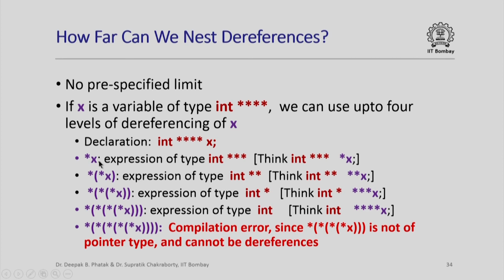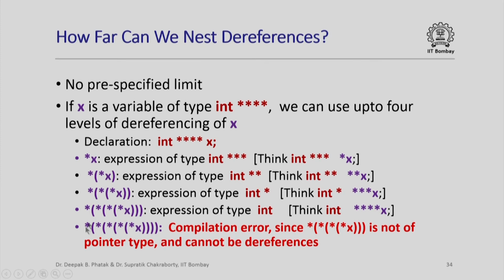So if I write *x, I can think of separating out this last star and keeping the remaining 3 stars with int. So *x is an expression of type int ***. Similarly **x, I have separated out 2 stars here and kept 2 stars back with int. So **x is an expression of type int **, and so on. Finally ****x is an expression of type int.